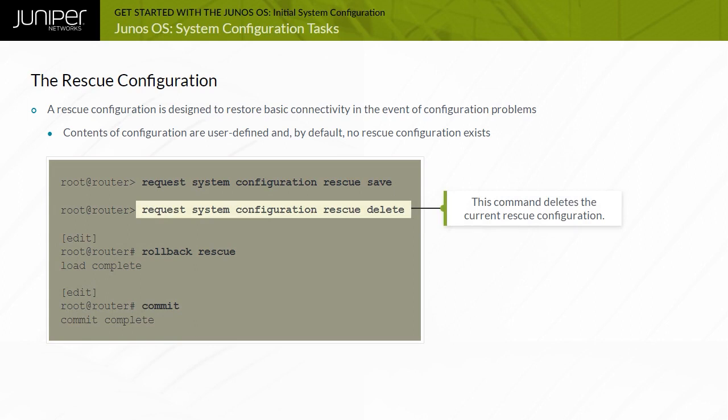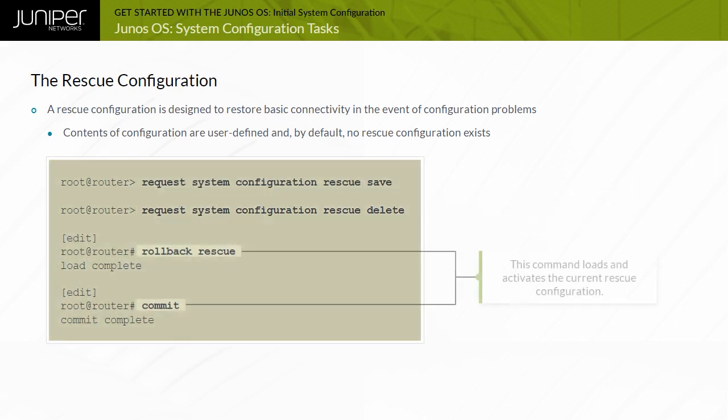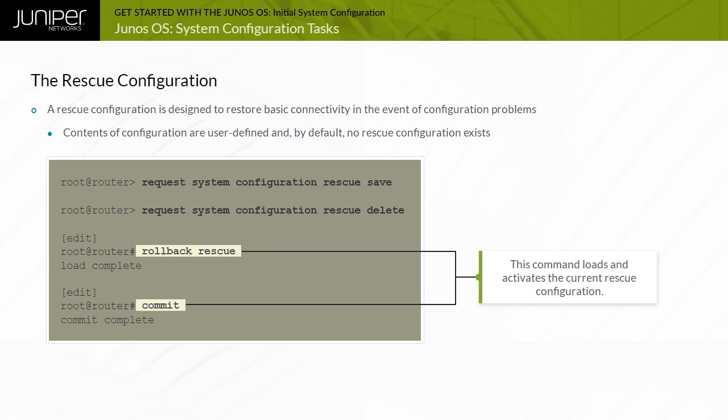To manually delete the current rescue configuration, issue the request system configuration rescue delete command. Once saved, you can load the rescue configuration by entering the rollback rescue configuration mode command. Because the rollback operation only replaces the contents of the candidate configuration, you must issue commit to activate the configuration.